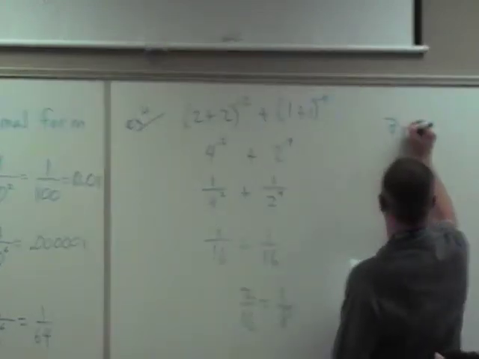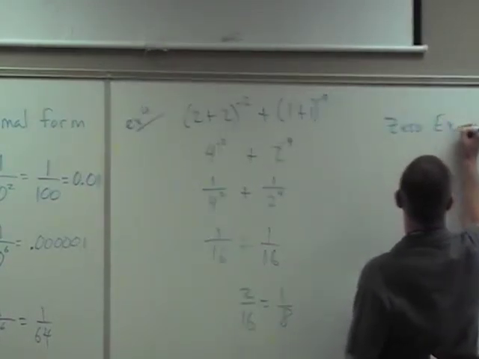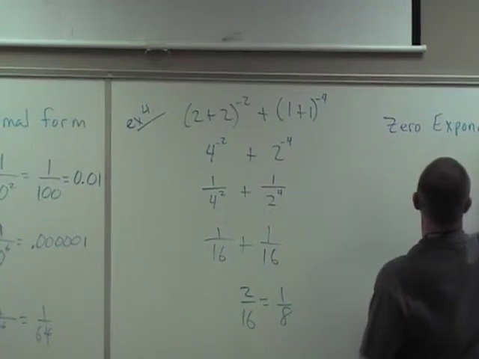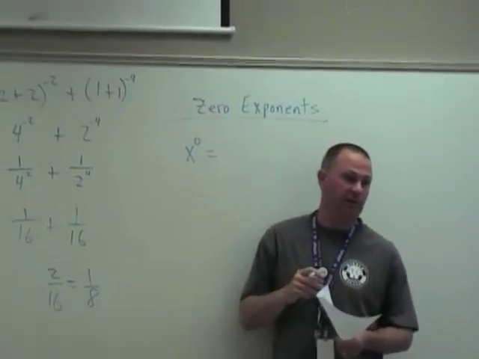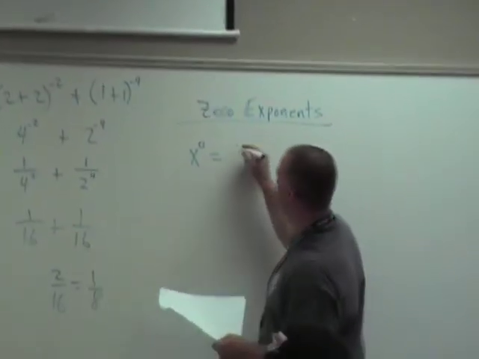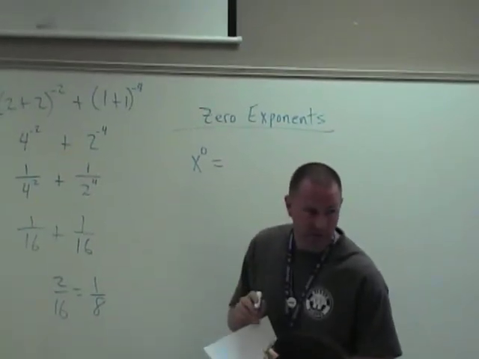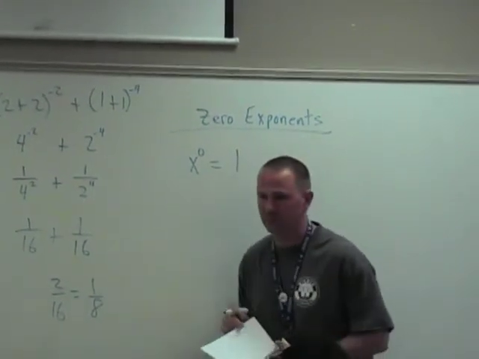Let's talk about zero exponents. X to the 0, or anything to the 0 power, is not 0. It's 1.